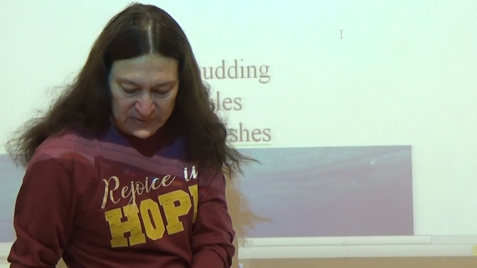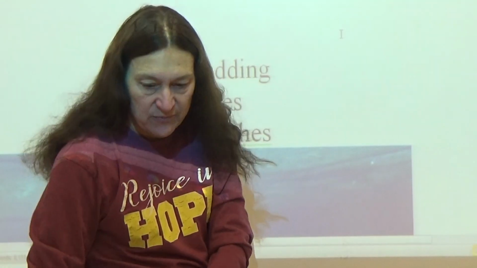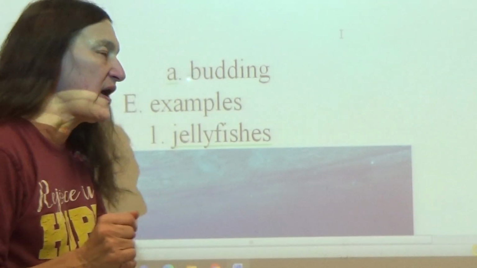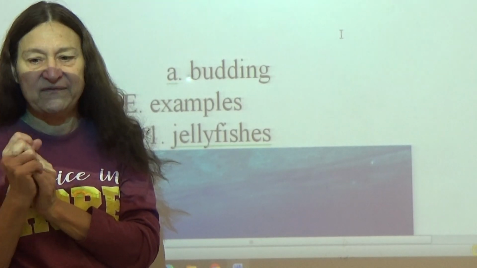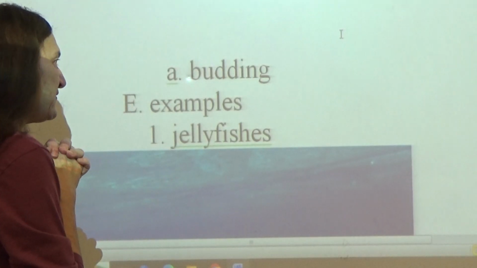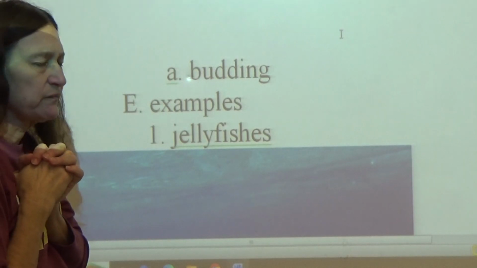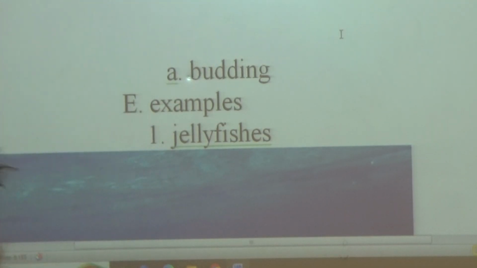And that little baby one will eventually, when it gets to a certain point, pop off the parent hydra and do its thing, find a little place to settle down and live. All right, so that's budding. That's an asexual form.